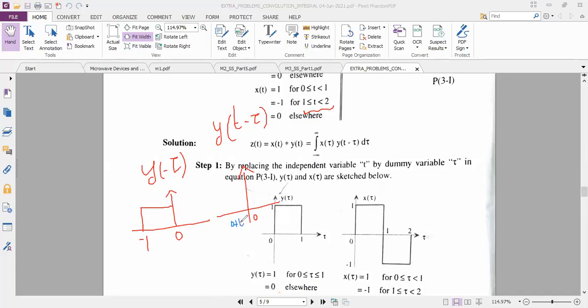So earlier it was 0. For that 0, I am adding t. So if I add t, then my waveform will not be there at the origin. So it will be at the 0 plus t position, and again I'll be having minus 1 plus t. So I will write t minus 1. Both are the same. So this is your y of t minus tau.